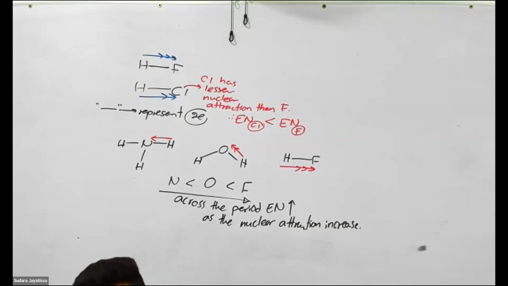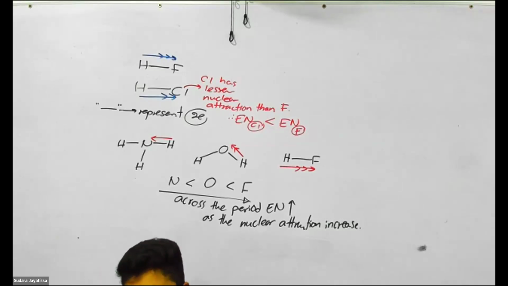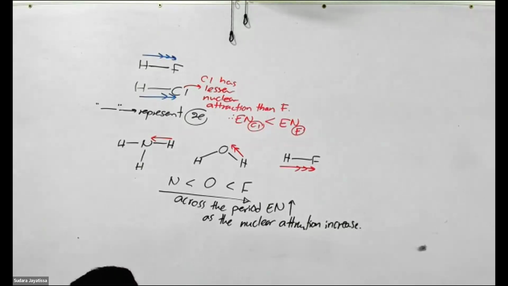Then we discussed how downward the group radius increases, and across the period it decreases. And we did some questions. After that, we came to ionic radius. Cations are always smaller than parent atoms, anions are always larger than parent atoms. Not only that, we had a mirror set for that too.